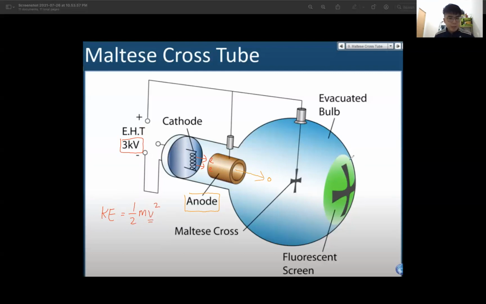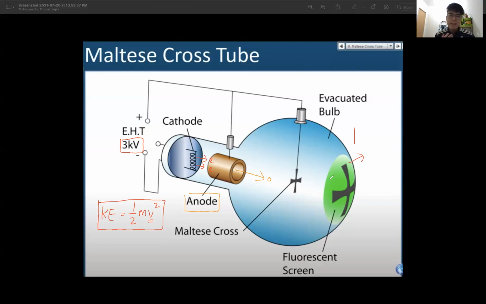What happens at the screen here? There's a coating of phosphor. Okay, phosphor, and this coating will convert the energy. Because when the electrons strike the screen, the electron will stop completely. Energy cannot be destroyed, so the kinetic energy must have been converted to some form.